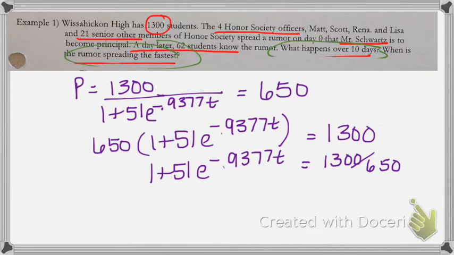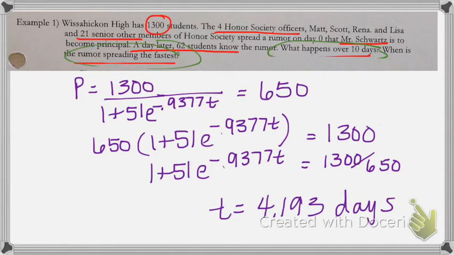Subtract 1, divide by 51, take the natural log on both sides, divide by negative 0.9377. I'm going to go ahead and tell you that it's 4.193. And that means on the 4th day is when this particular rumor is spreading the fastest.